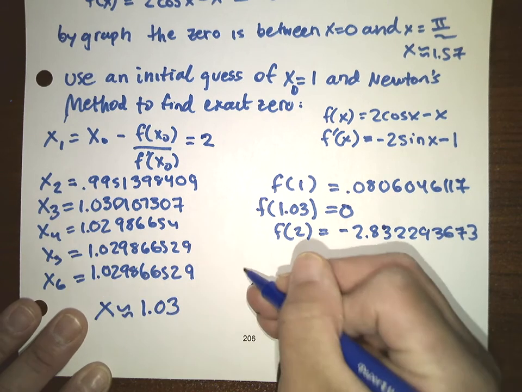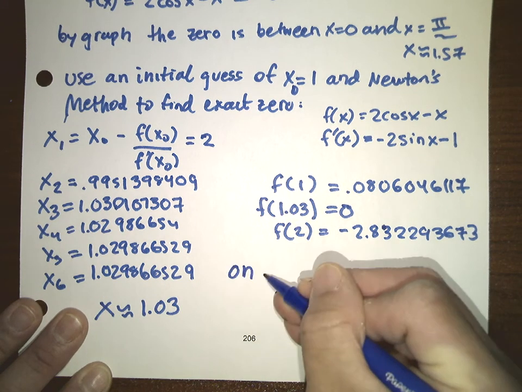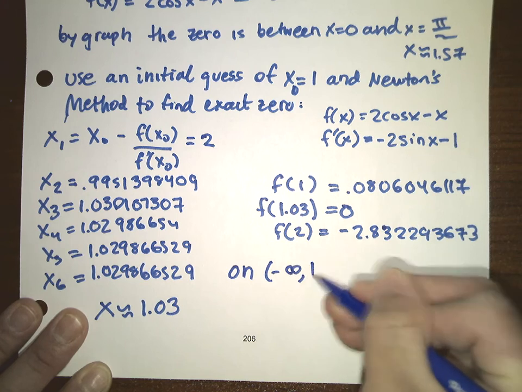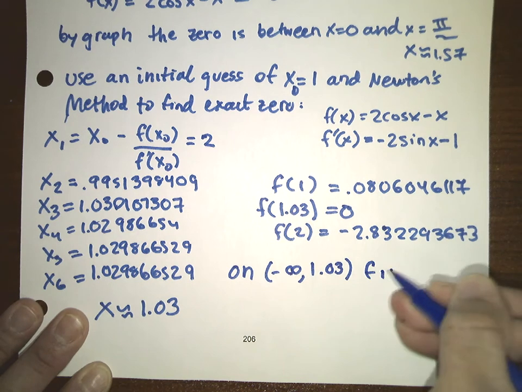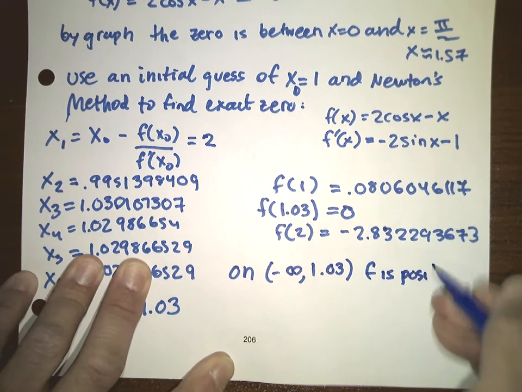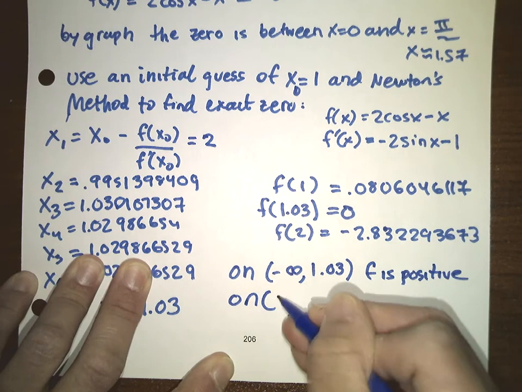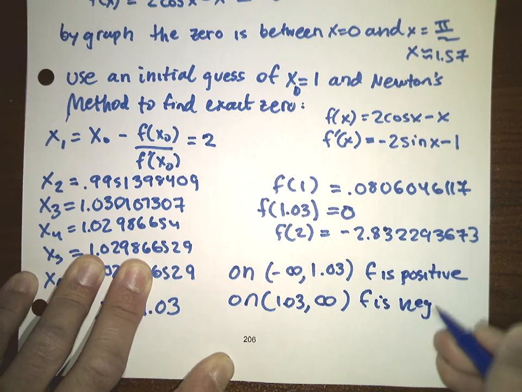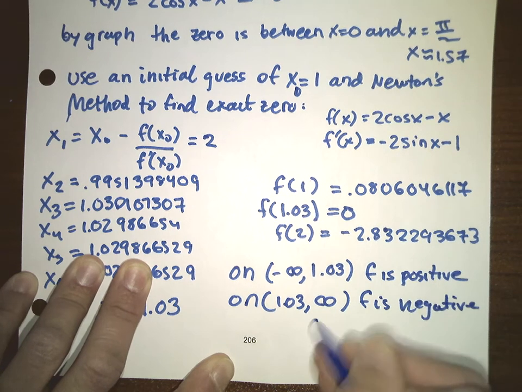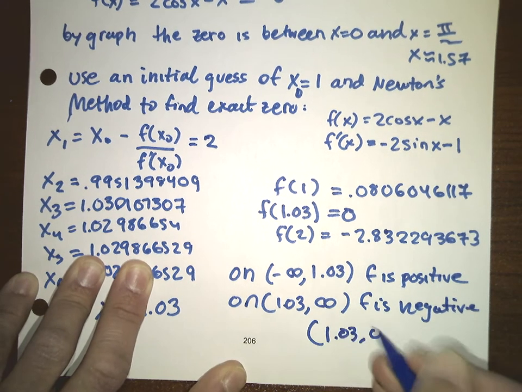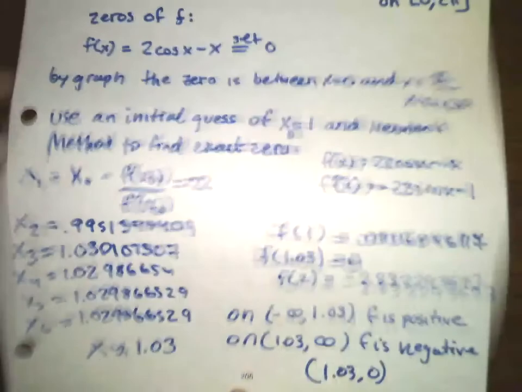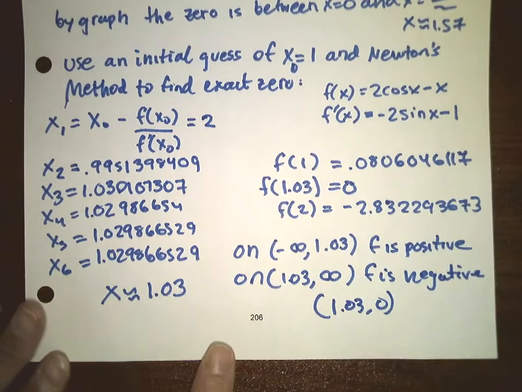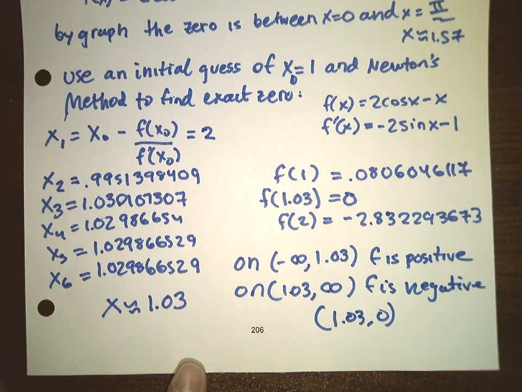So on the interval from negative infinity to about 1.03, f is positive, and on the interval from 1.03 to infinity, f is negative. And right at 1.03, we have a point on the graph. So far we actually know quite a bit about the graph, but now let's do step 2 here.